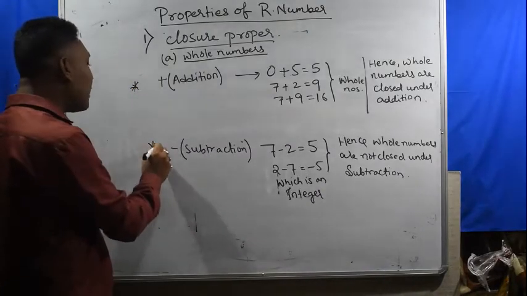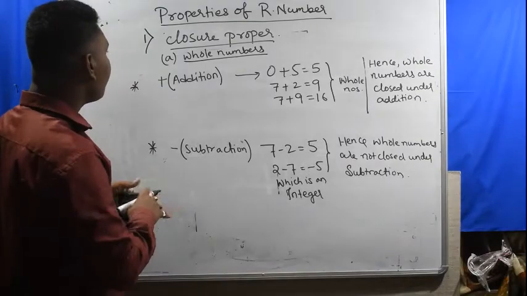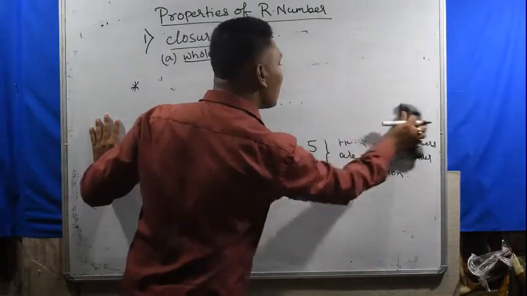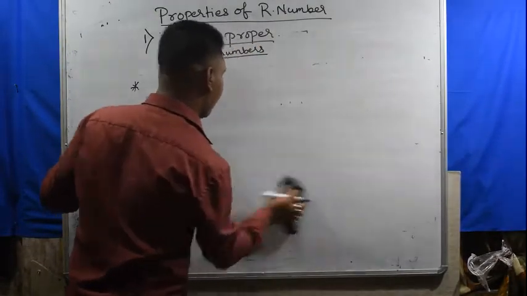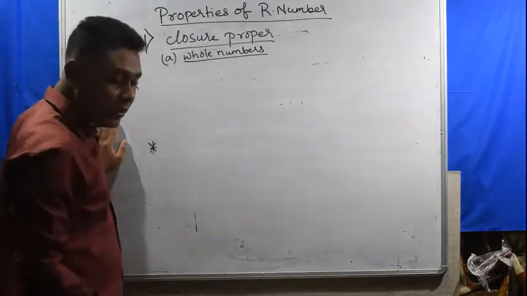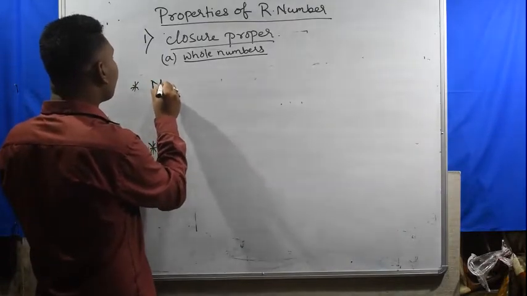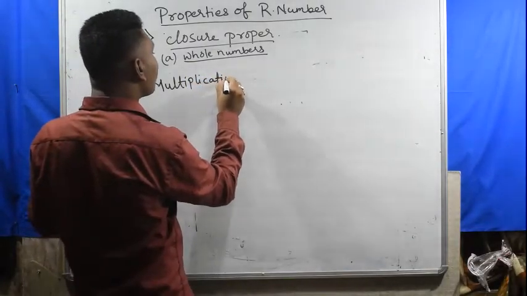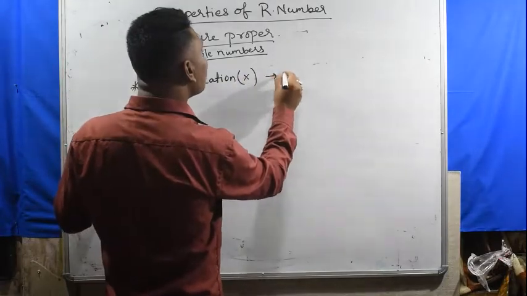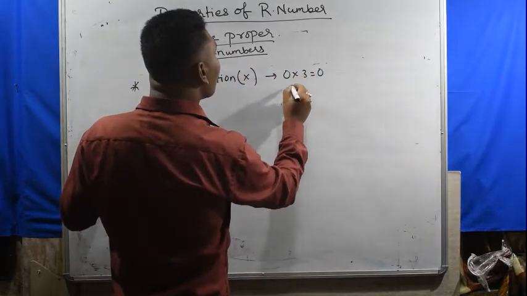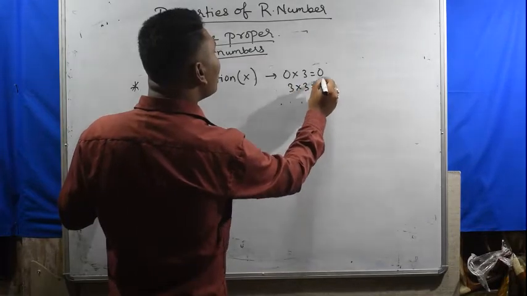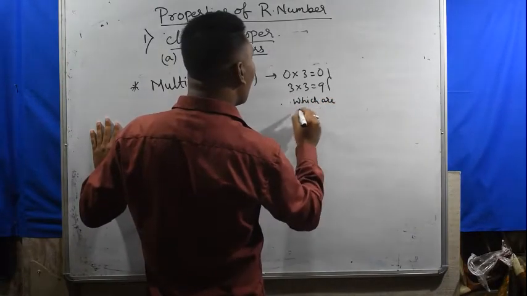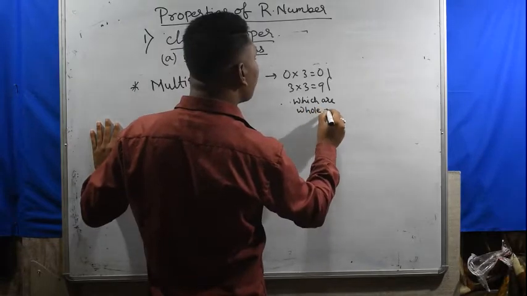Now let's see for multiplication and division. What happens in multiplication? Suppose 0 times 3 is 0, 3 times 3 is 9, which are whole numbers.